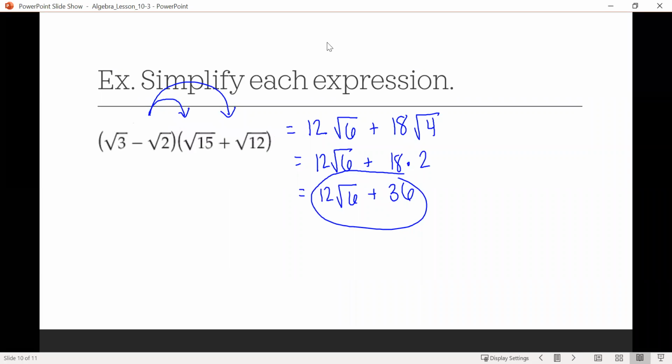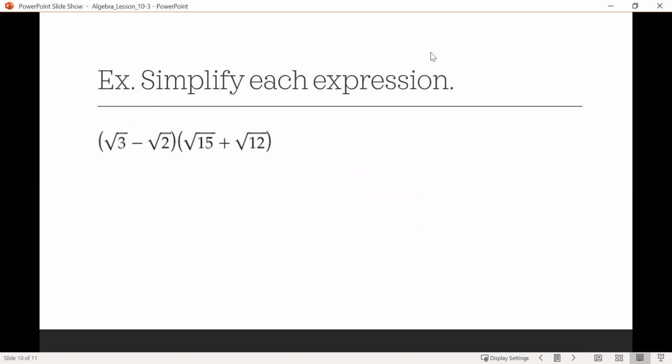All right, and then for this example, notice this looks very similar to when we're using the FOIL method. Okay, so you can definitely apply the FOIL method here. So we would take the first terms, radical 3 times radical 15, and we would get radical 45.